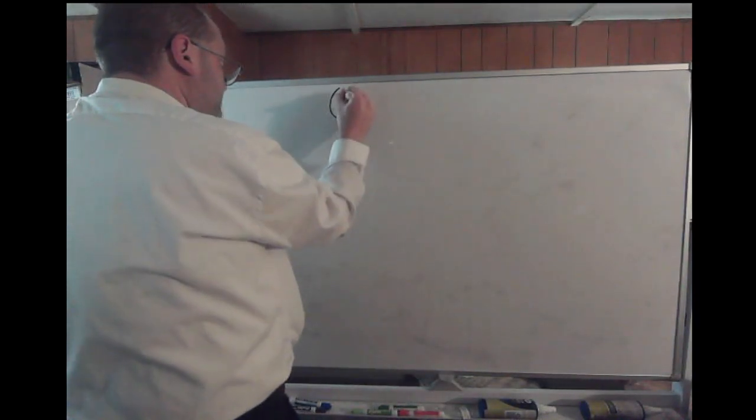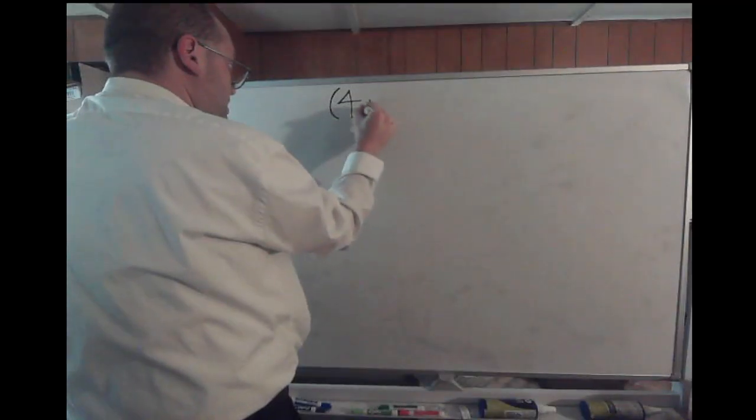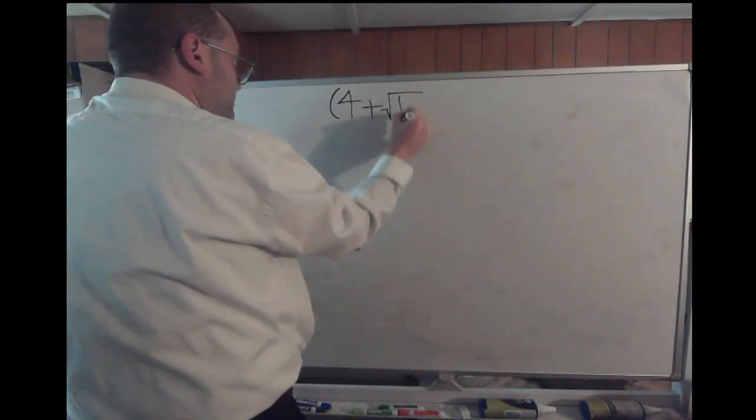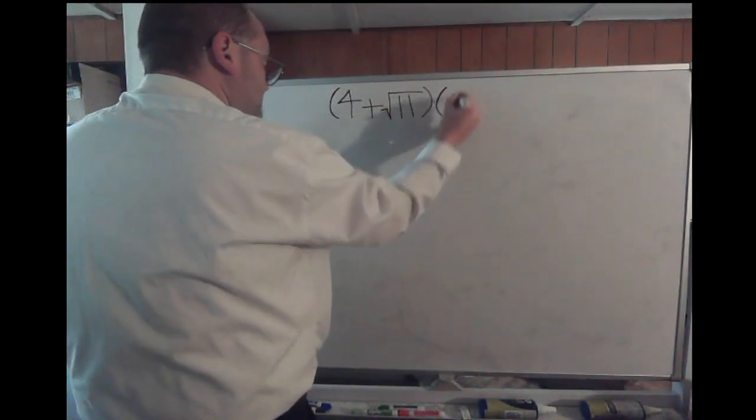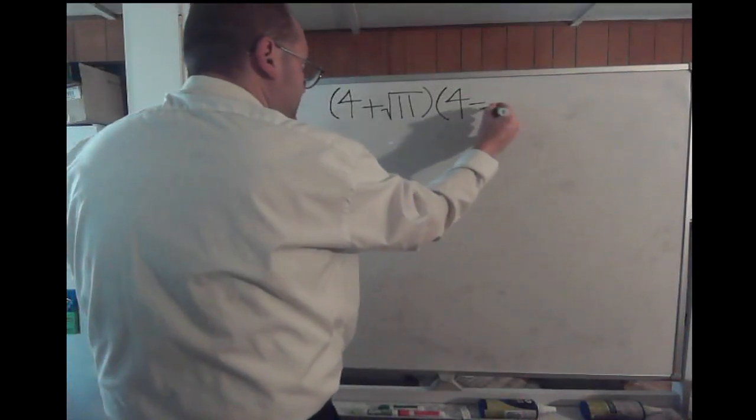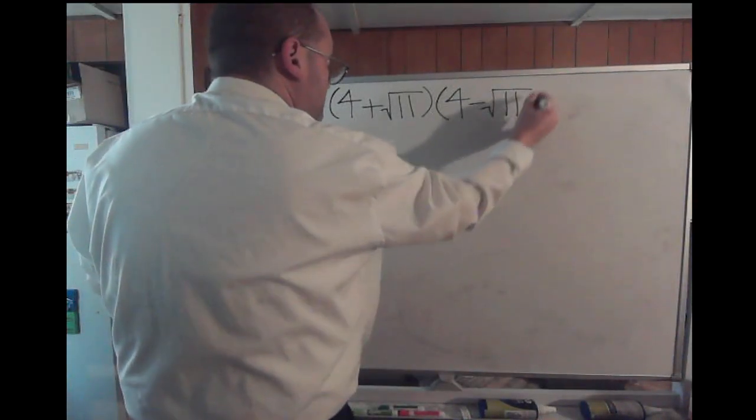I've got more examples here. We have 4 plus the square root of 11 times the quantity of 4 minus the square root of 11.